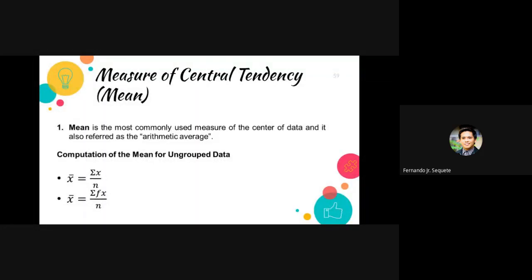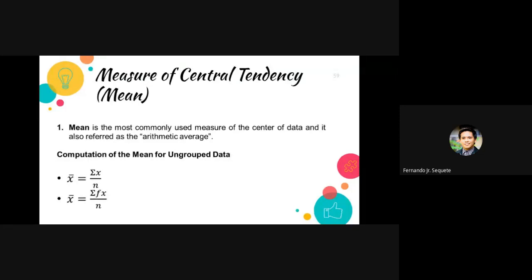Right after that, we focused on the computation of the mean for ungrouped data. I believe I gave you an instruction that after we discuss the computation of the mean for ungrouped data, I will be providing you the activity sheet. But I was not able to give it, because when I constructed the activity, I realized it is a paired activity.